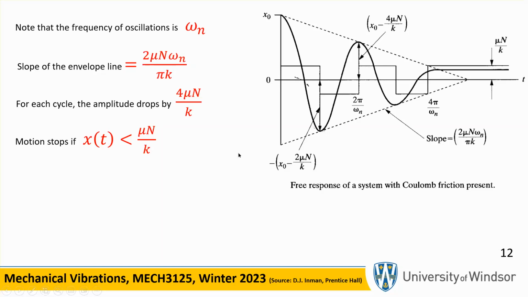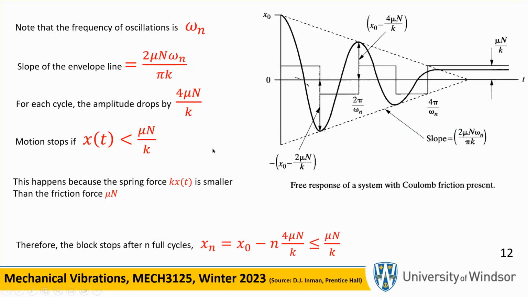Now, the oscillation stops when the force of the spring, which is k times x, is less than the friction force. It's written a different way. For example, it says if the position is less than this, it's going to stop. Another way of saying it is the force of the spring is less than the force of friction.